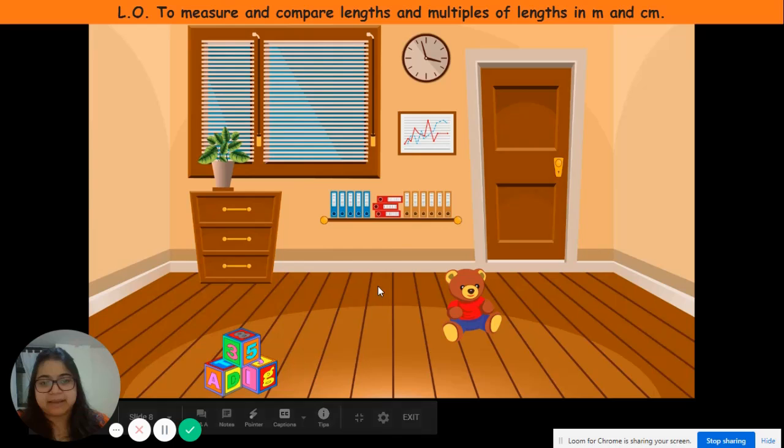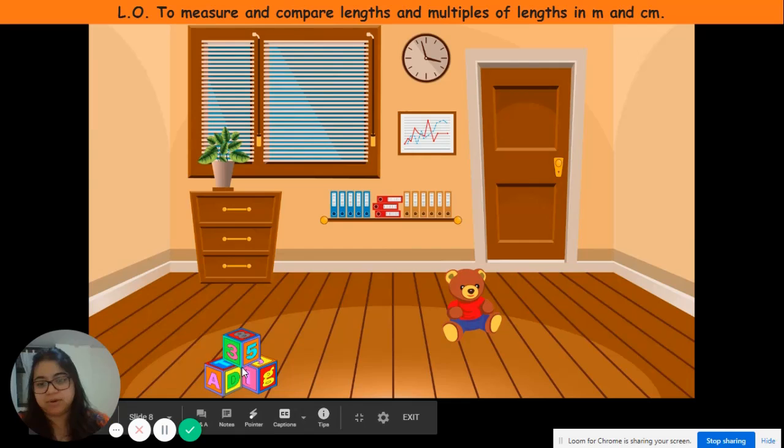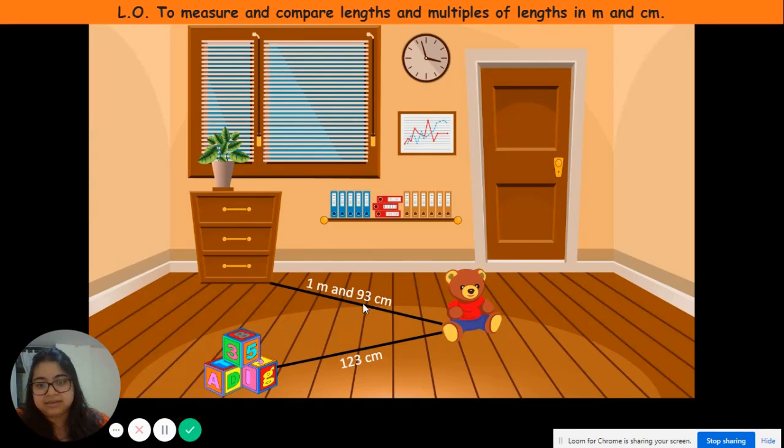Let's see this example. Now here we have a drawer, we have a teddy bear, and we have these blocks. So the distance between these blocks and this teddy bear is 123 centimeters, while the distance between this drawer and this teddy bear is 1 meter and 93 centimeters.